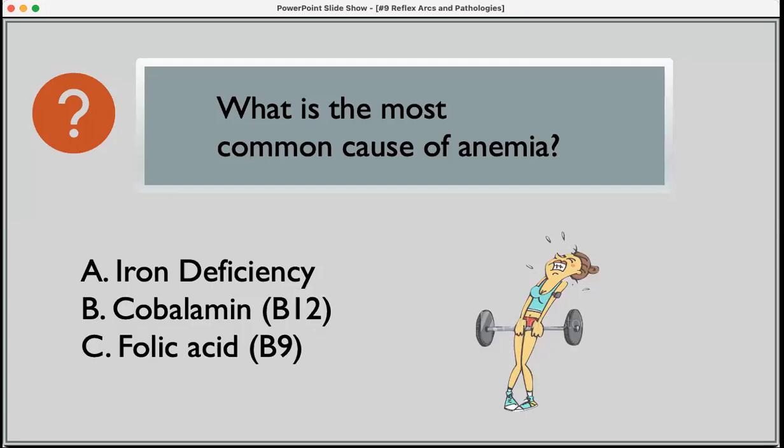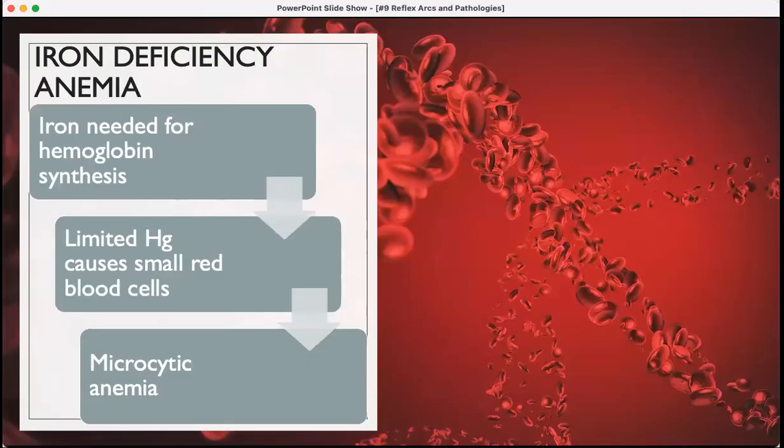Do you know the most common cause of anemia? Is it iron deficiency, B12 deficiency, or folic acid deficiency? And your hint was there, iron deficiency is the most common cause of anemia in people.